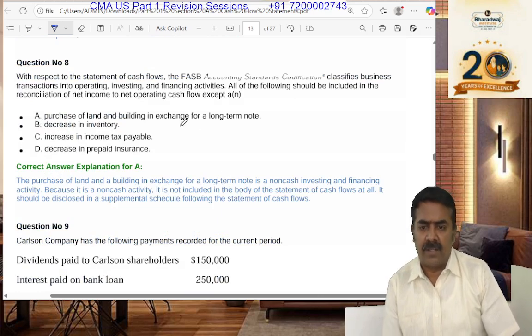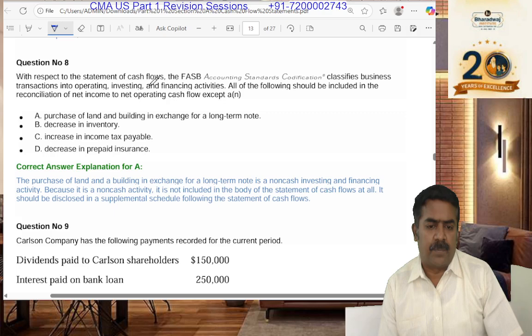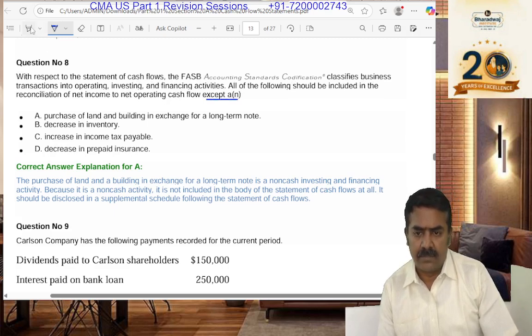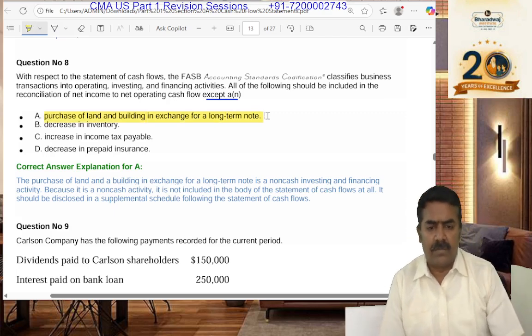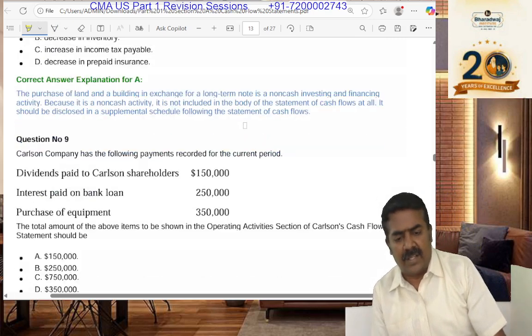Question number 8. With respect to statement of cash flows, all of the following should be included in net income from operating activity except purchase of land and building in exchange for long-term note. That is not an activity at all.